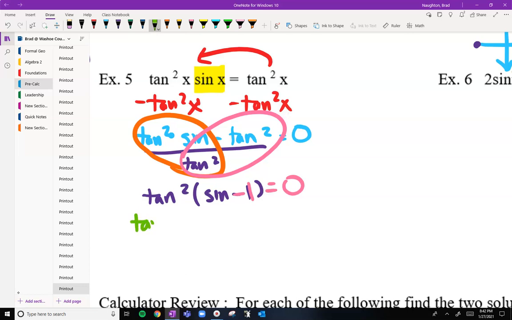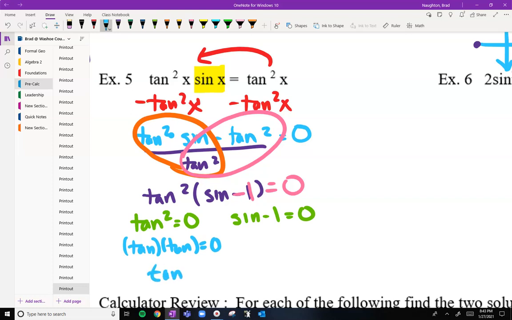We get tan squared is equal to 0, and sine minus 1 is equal to 0. When tangent squared is equal to 0, that's the same thing as tangent times tangent is equal to 0. So really, we're just saying, when is the tangent equal to 0? It doesn't matter, because 0 squared is still 0. And we know that that's at 0 and pi.